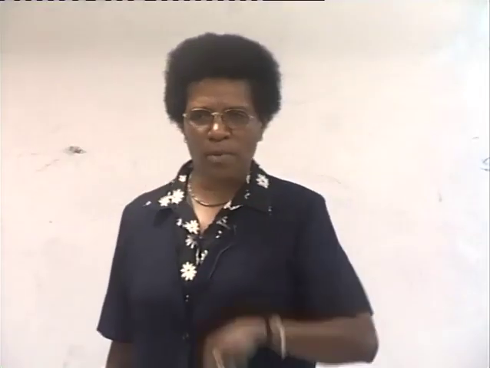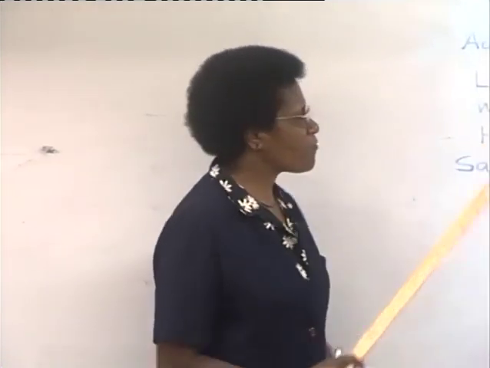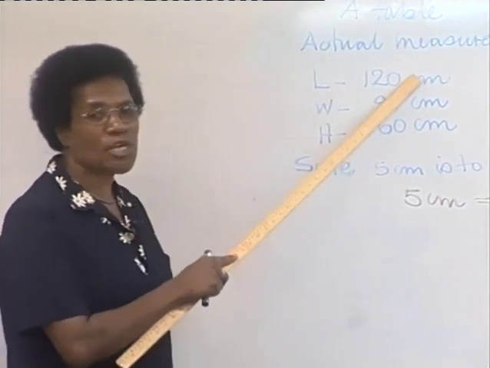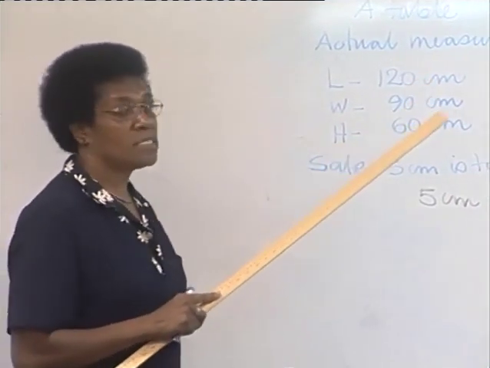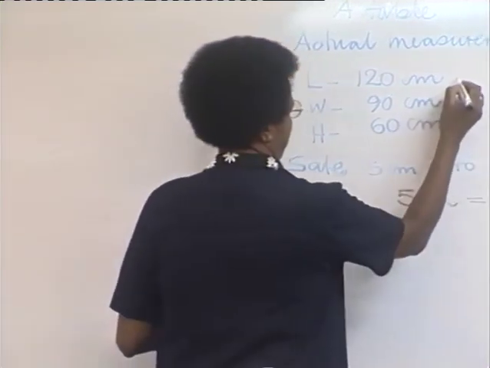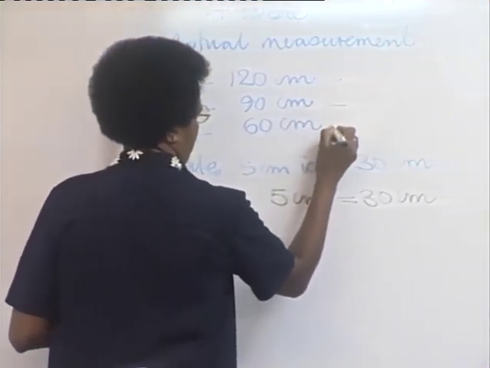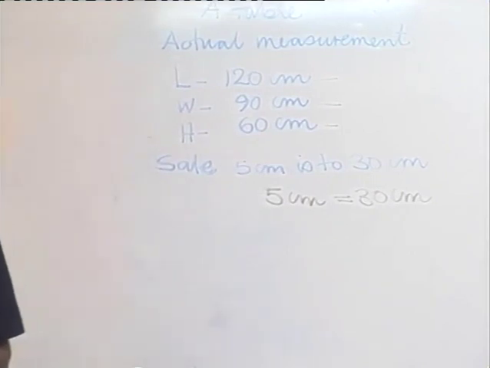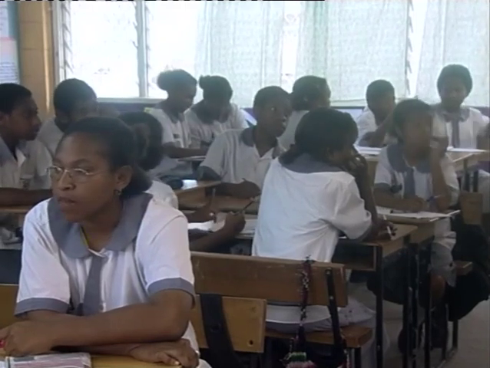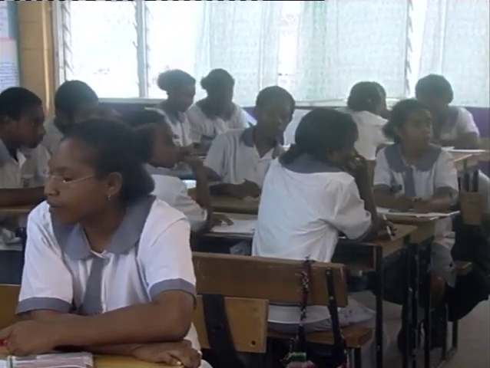I'd like you to talk about it quickly and tell me. Firstly, we have to find how many 30 centimeters are in that 120, this 90, and this 60 centimeters. Who's going to tell us how many 30 centimeters are in that 120 centimeters?